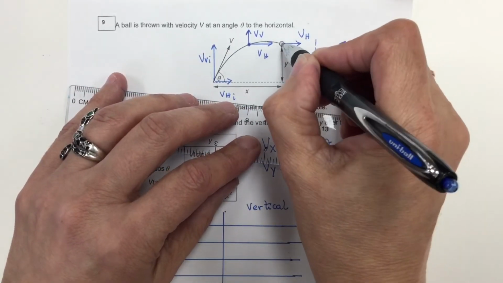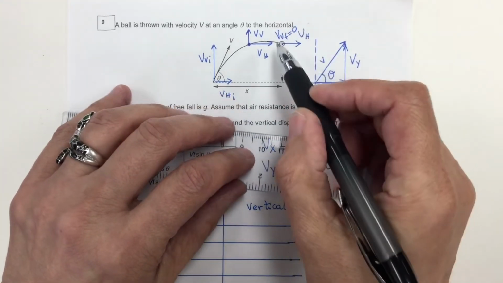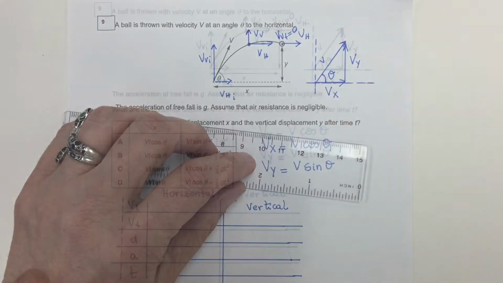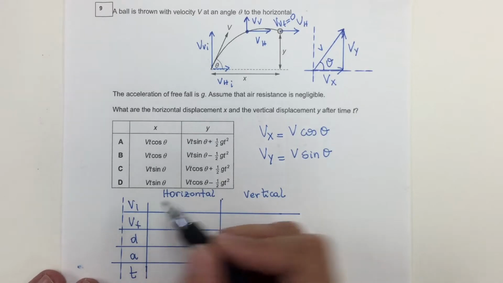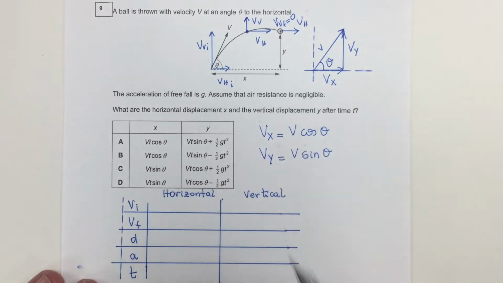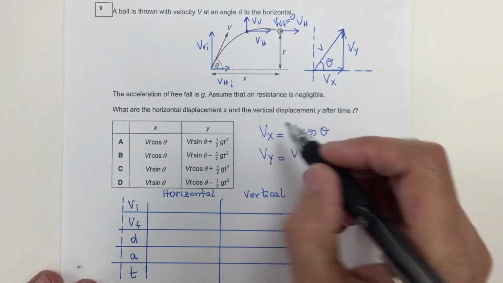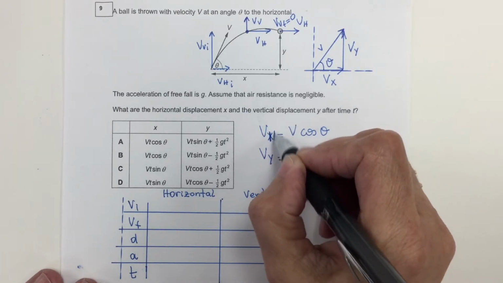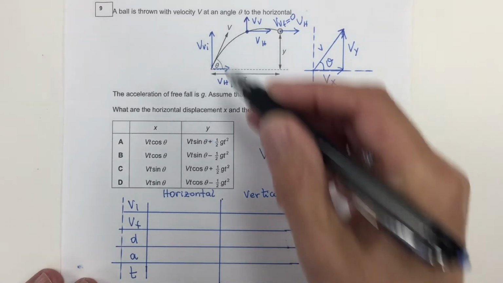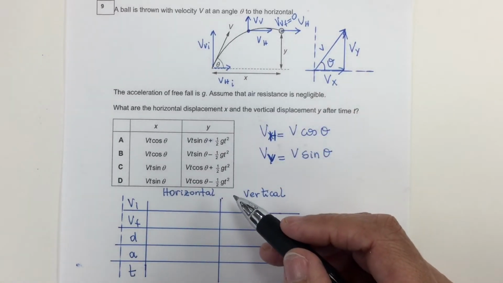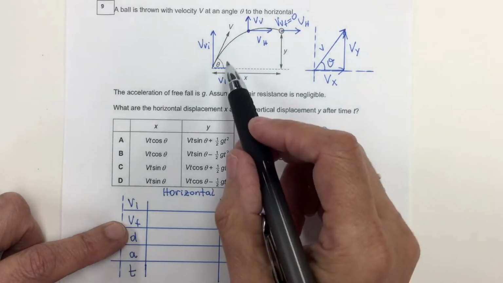Right here, my vf going up is 0, it's going to stop. Actually, I'm going to change the x and the y to horizontal and vertical to match my diagram. Horizontally, my initial velocity and my final velocity are the same.